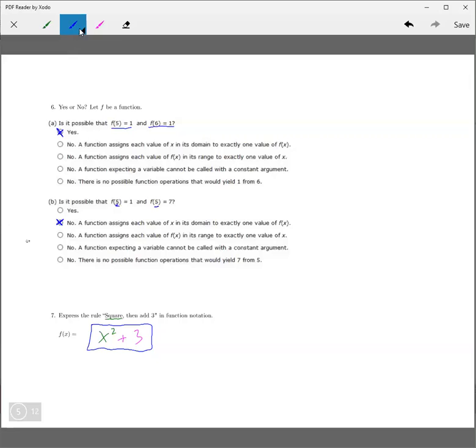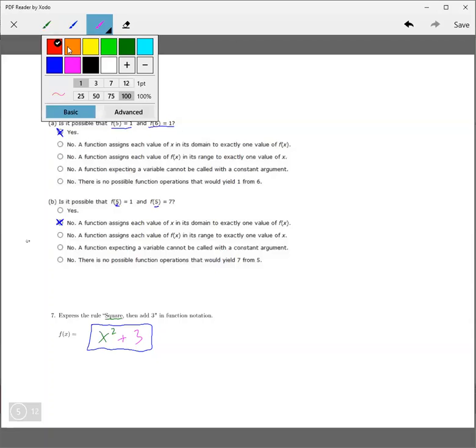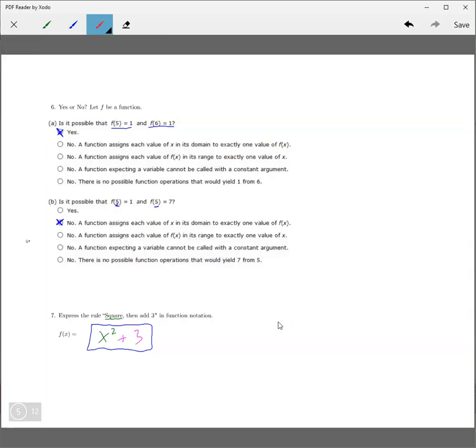Let me contrast that with if it said, for example, add 3, then square. So what happens here is you would add 3 first, and then you'd square the result. See, so here you get something different than this. This is different than that.